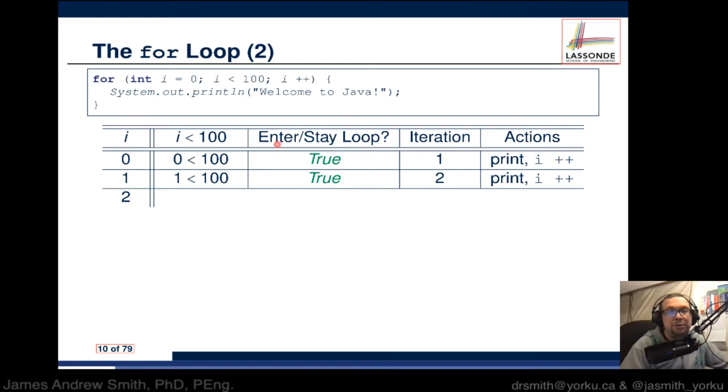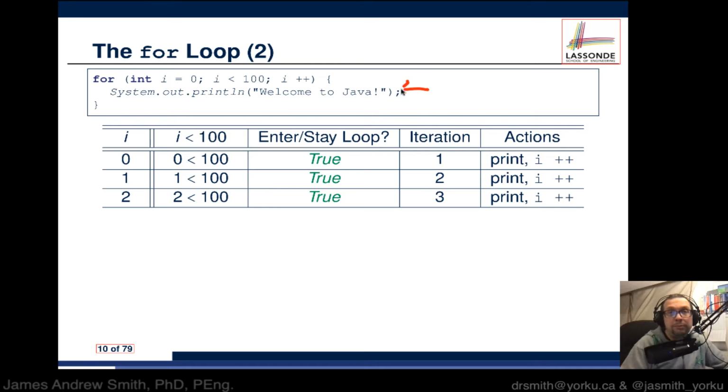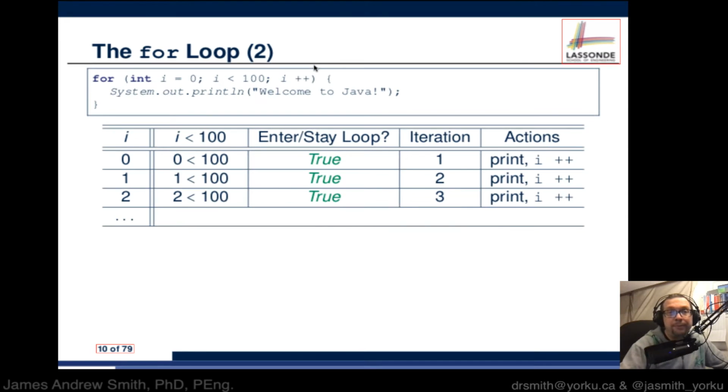All right, next go around. I is equal to 2, because we have just done that. And so now I is equal to 2, that's less than 100. We have a true answer to the for question diamond, and so we stay within the loop. This is our third iteration, and we print, and we increment, and on and on and on, until we get to the 99th iteration.